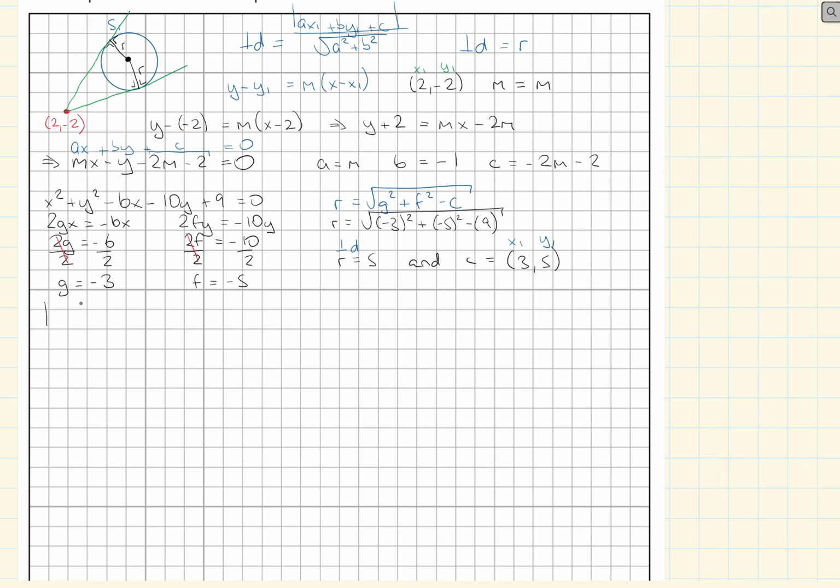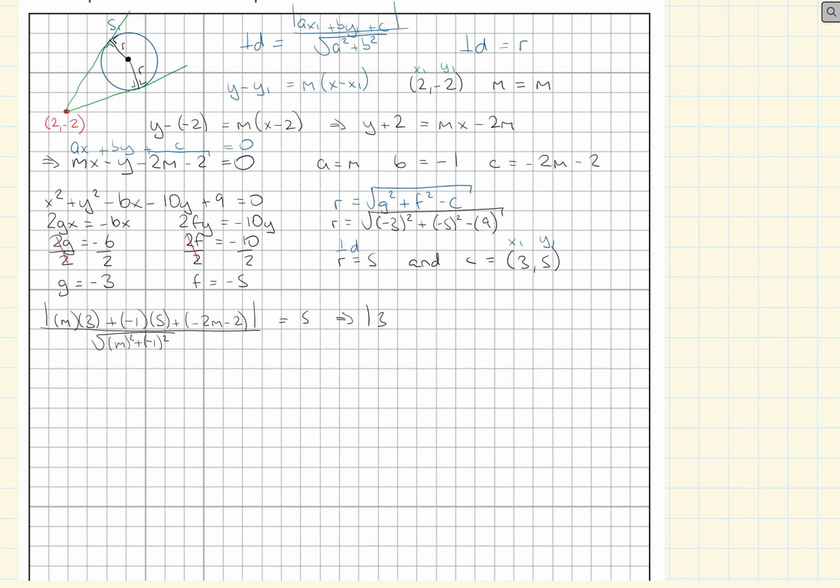So we have the modulus of a times x1 plus b times y1 plus c all over the square root of a squared plus b squared will equal my perpendicular distance, which is the radius.